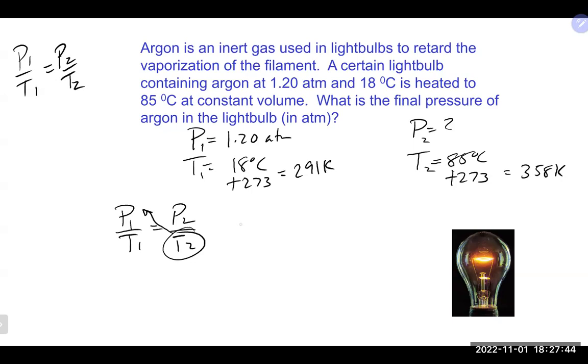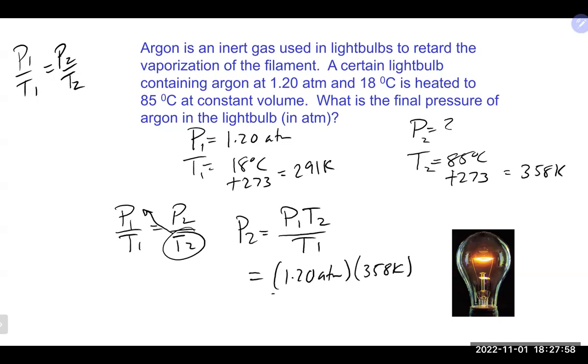Basically multiplying to the other side gets us P2 is equal to P1 T2/T1, giving us 1.2 atmospheres times 358 Kelvin divided by 291 Kelvin. Kelvins cancel, leaving us with atmospheres. 1.2 times 358 divided by 291 is going to get us, we'll call it, 1.48.